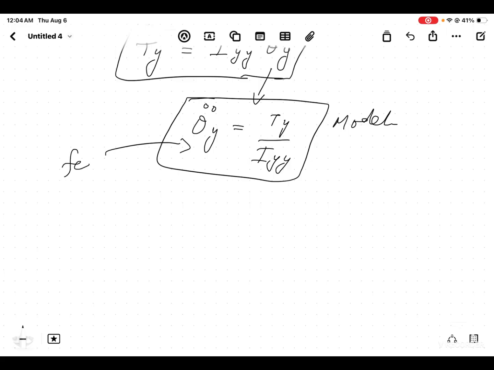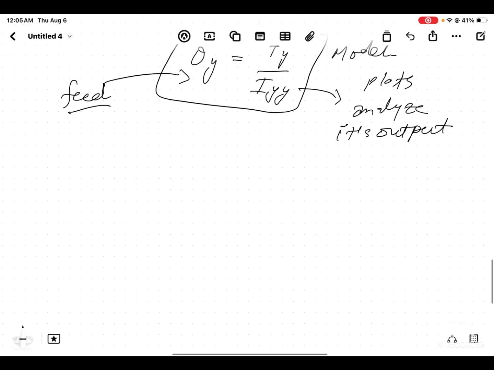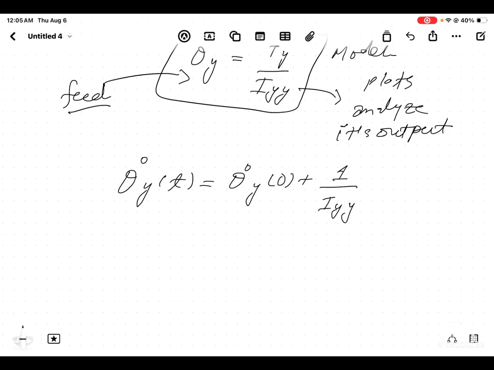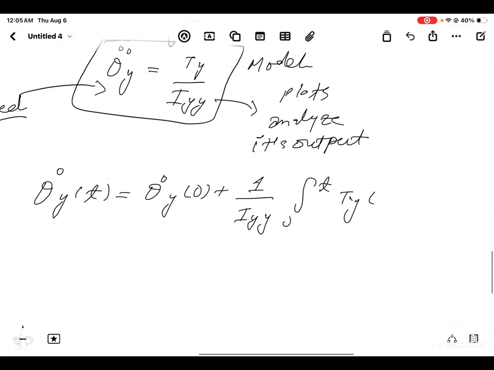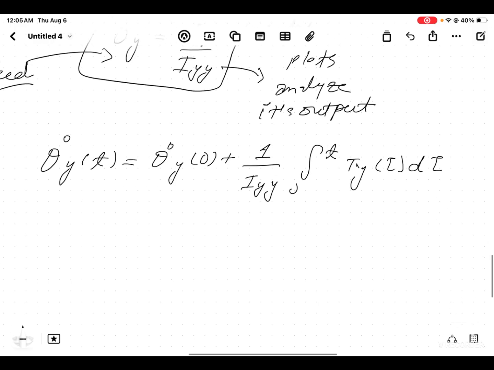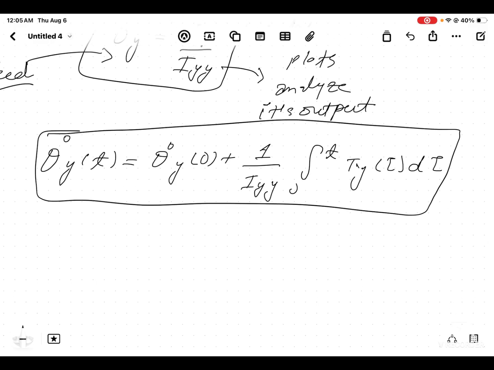We will feed some values to it, and we will get some plots and analyze its output using Simulink. So this is the equation simplified. We are going to study it using Simulink, and how we create this in Simulink we will see in the next video.